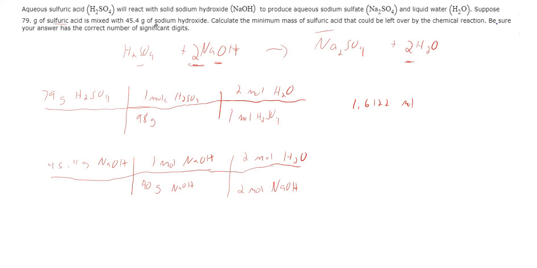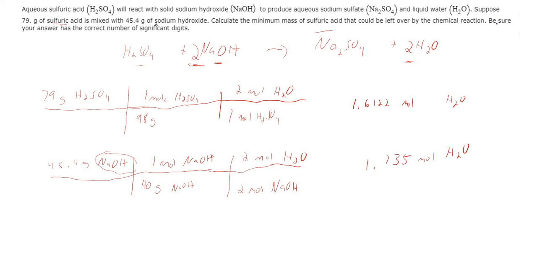And on the bottom I have 45.4 divided by 40 times 2 divided by 2. So down here I get 1.135. Okay, so if I look at these two molar amounts, these are moles of water that I am going to get out of this reaction, then I can see that the limiting reactant, the one that runs out first, the one that gives me the fewest number of moles, is sodium hydroxide.